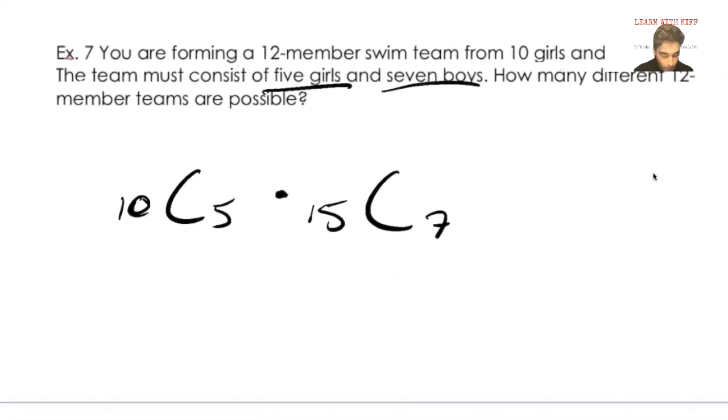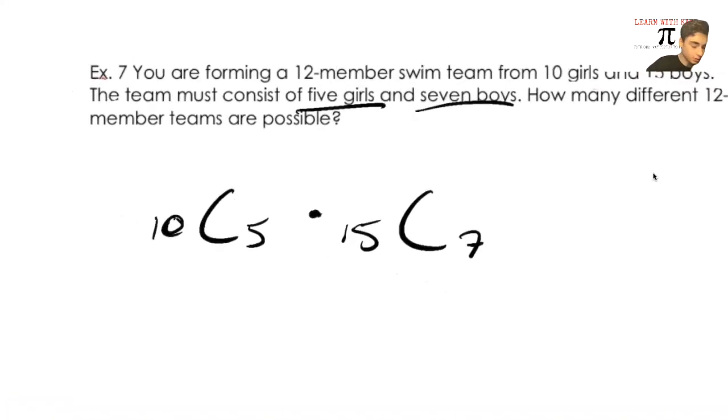So what's 10 choose 5? Let's go back into our calculator. Okay, so we have 10, 5, and that equals 252.